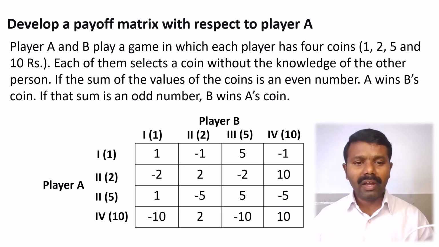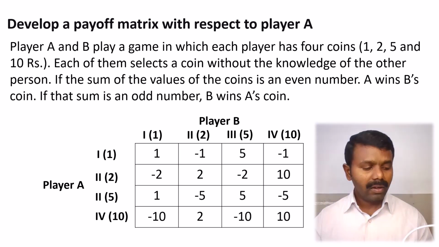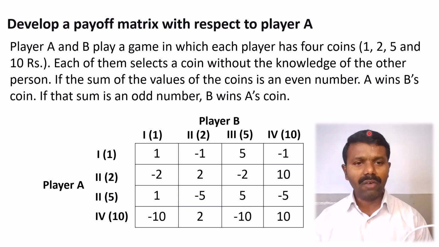So if you properly understand here, first we need to develop a payoff matrix with respect to player A. Let us say here is player A and here is player B, and the strategies of player A and player B are: first strategy is 1 rupee, second strategy is 2 rupees, then 5 rupees and 10 rupees, and here also for player B: 1 rupee, 2 rupees, 5 rupees and 10 rupees.